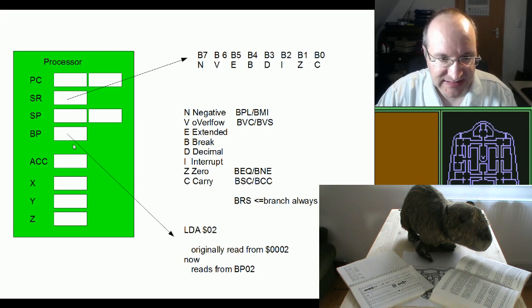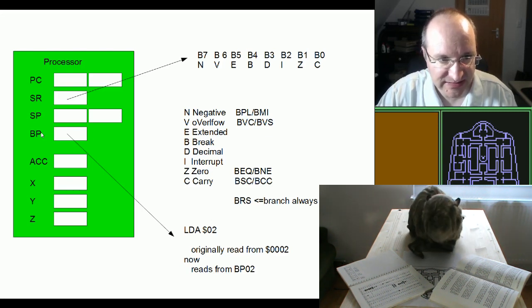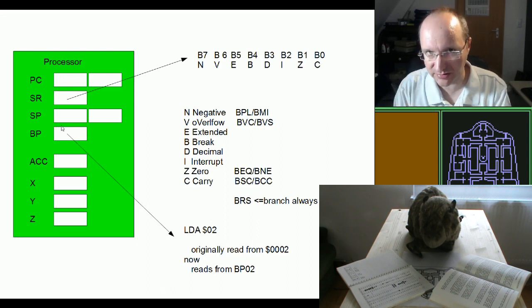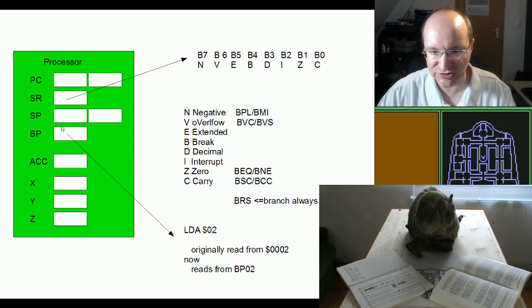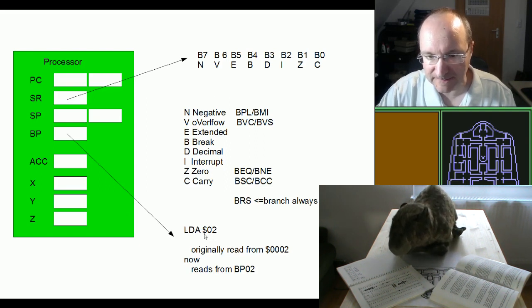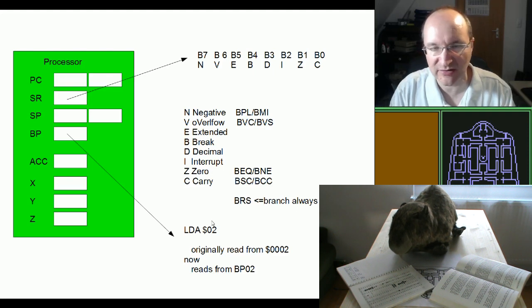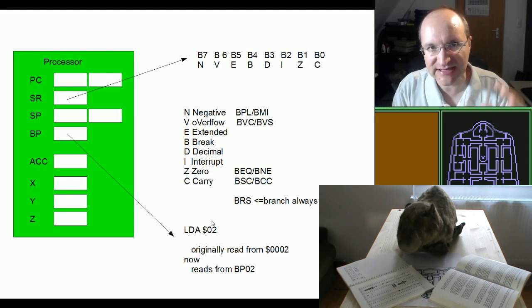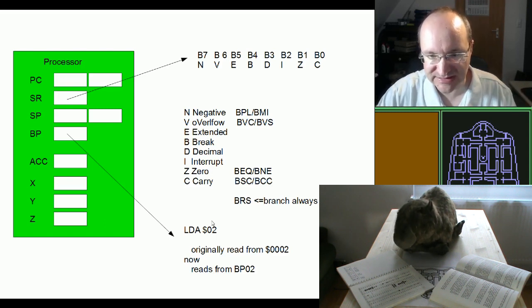Also interesting, this base page now enables you to locate the 0 page to everywhere. Because the interesting thing about the 0 page is that you have these commands, like for example this LDA with only giving one 8-bit number, to access faster, or there are also some special things like indexing, which you only can do by using the 0 page.